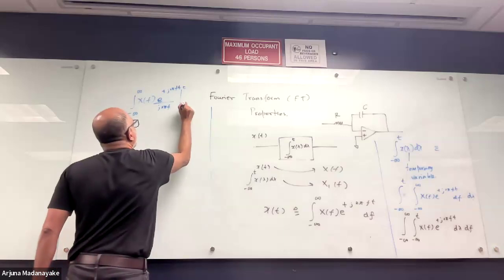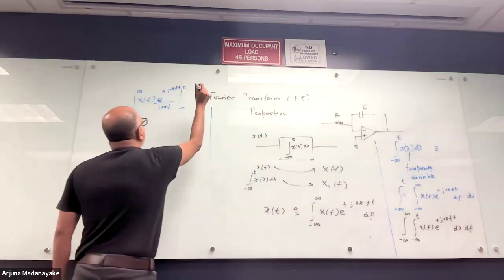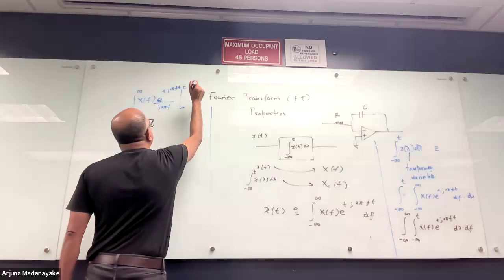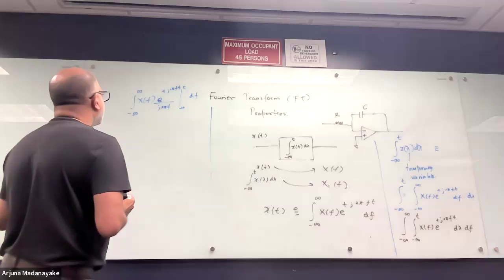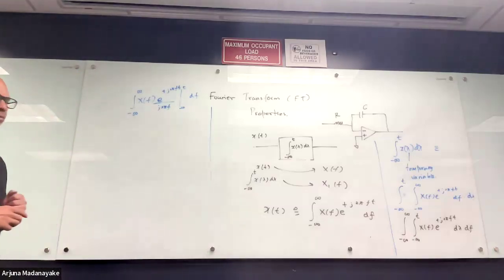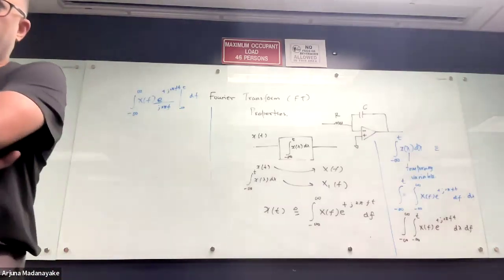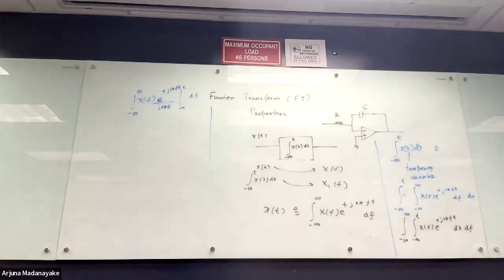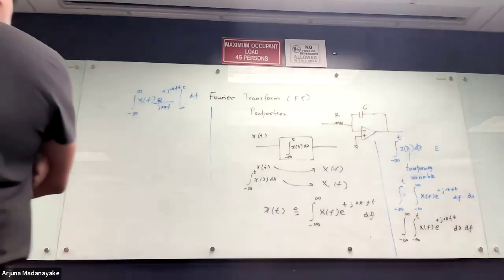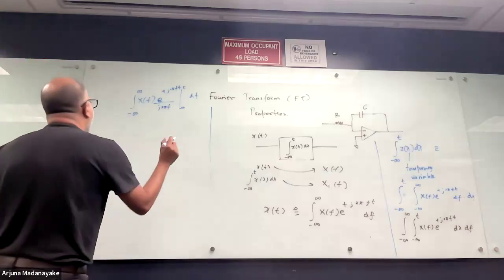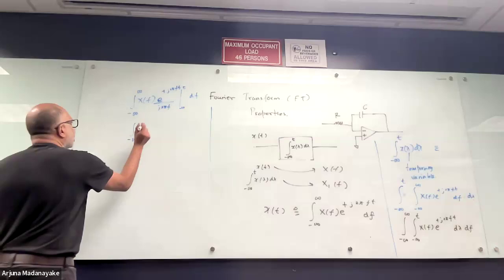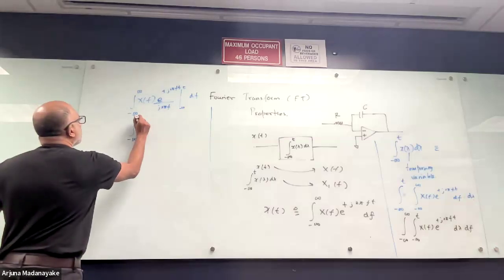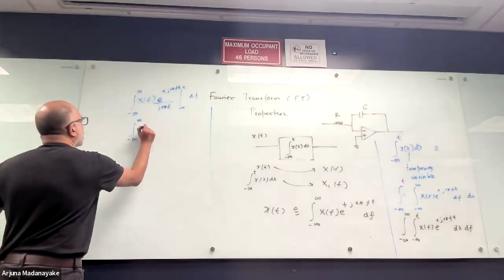So there are some calculus details which we won't get into, but finally we get this j2 pi f term out. So we can write this as X of f.